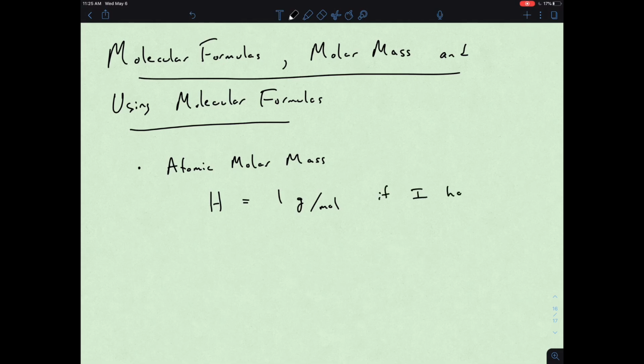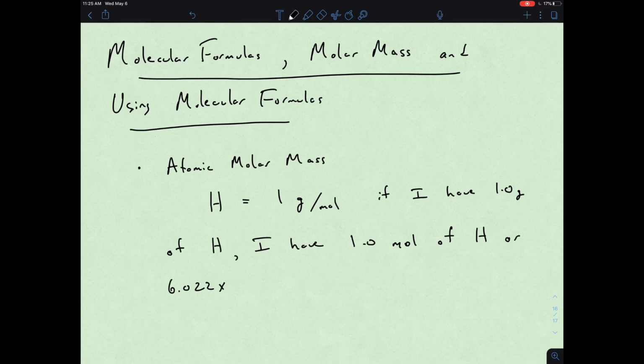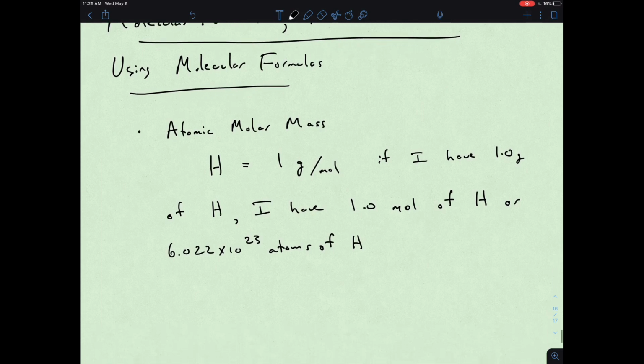If I have 1 gram of monoatomic hydrogen, I have 1 mole of that hydrogen, or 6.022 times 10 to the 23rd atoms of that hydrogen. So that's the notion of atomic molar mass.